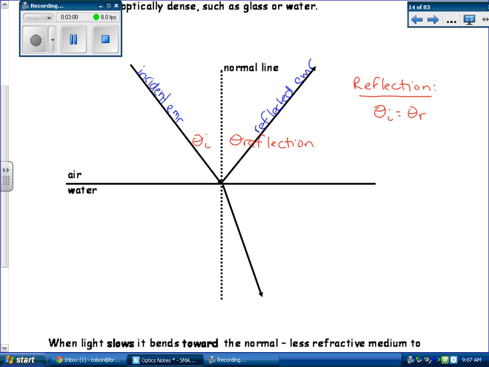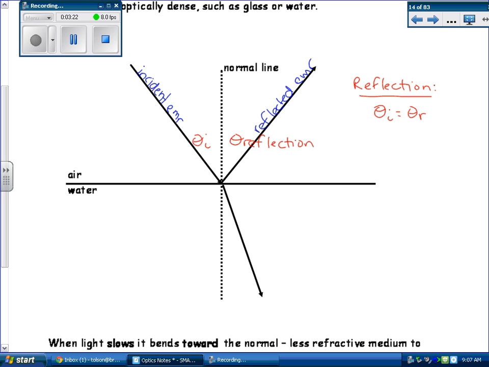And you should have noticed when you were working with both the water and the lens, that when you shone the laser through at 10 degrees, the angle that it came out of the water, the lens at, was less than 10 degrees, or the angle got less. In other words, it gets closer to the normal line.